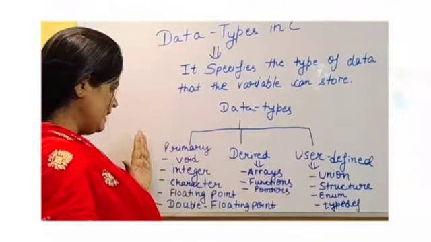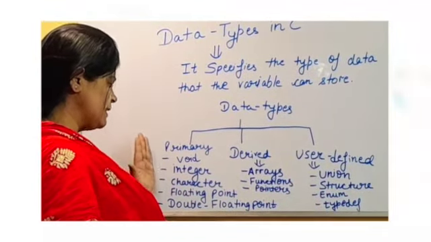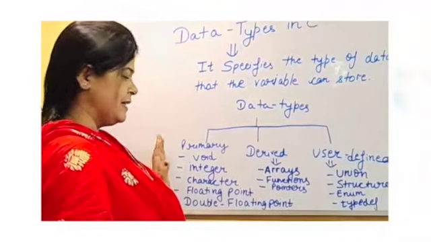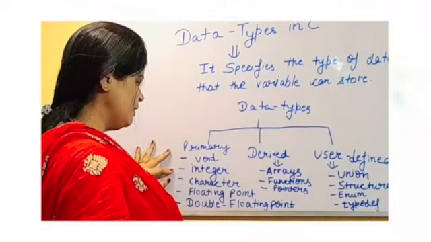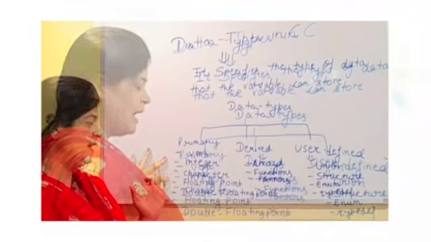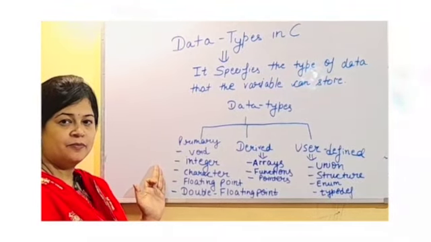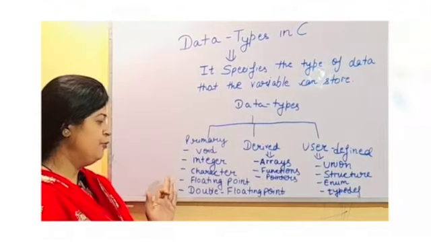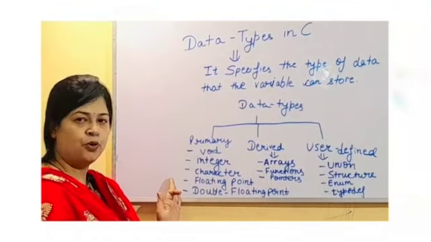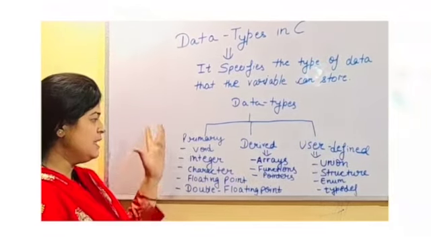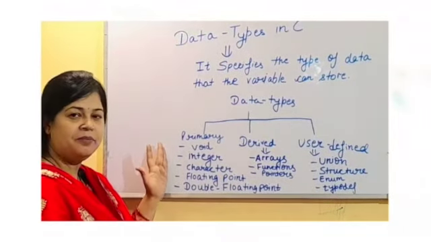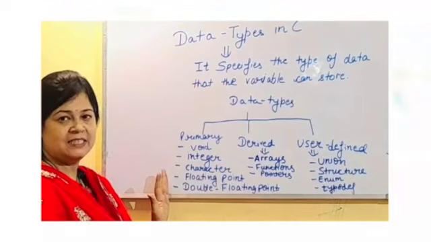So basically here we will discuss the primary data types, that are void, that is valueless, integer, for which we use int, character data type, for which we use char, floating point, for which we use float, and double floating point, for which we use double. So these are the primary data types, or basic data types.